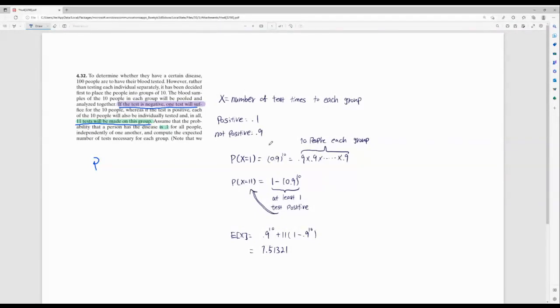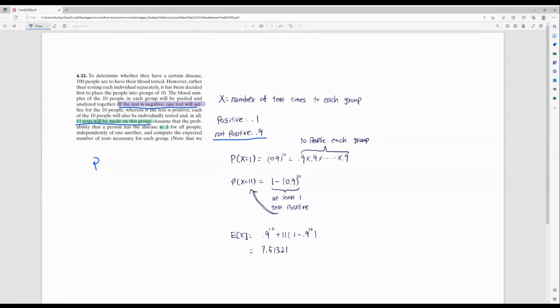Since each group has 10 people, and each person being negative has probability 0.9, we have 0.9 times 0.9 for a total of 10 times.